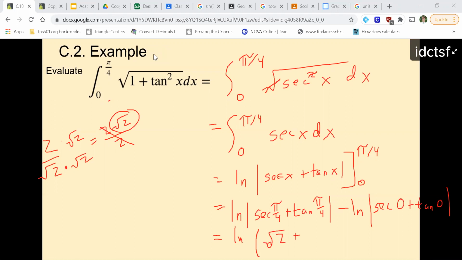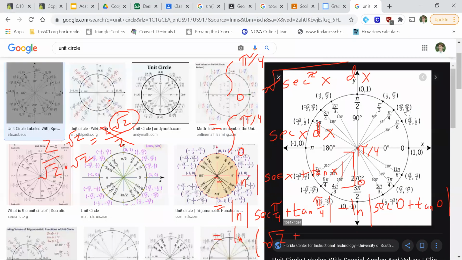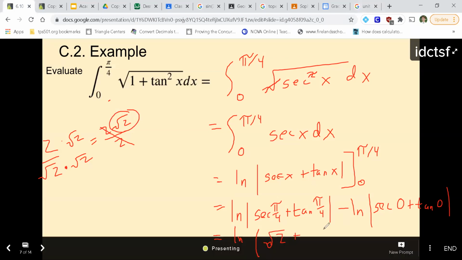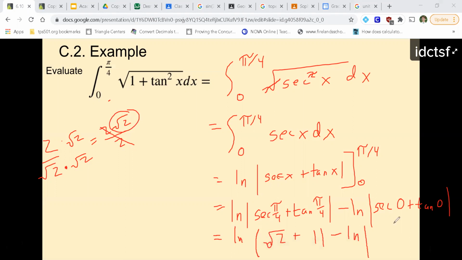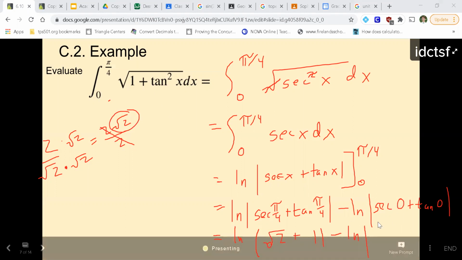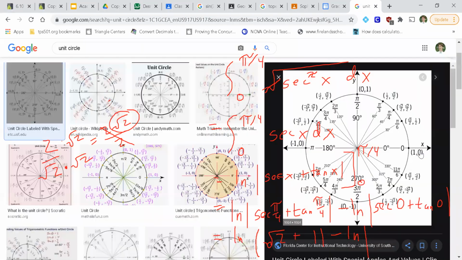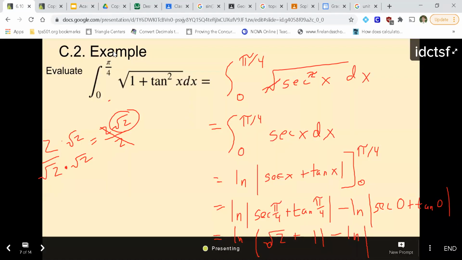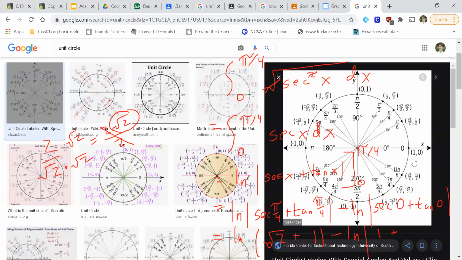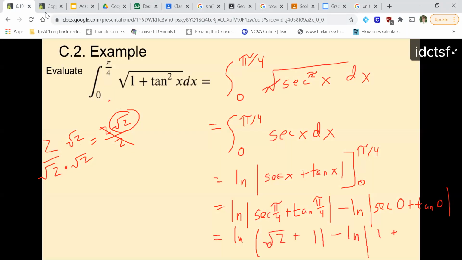Tangent is y over x. So if you do square root of 2 over 2 divided by square root of 2 over 2, that's 1, minus the natural log. At 0, again, we do 1 over x. 1 over 1 is 1, plus tangent of 0 is y over x. 0 divided by 1 is 0.